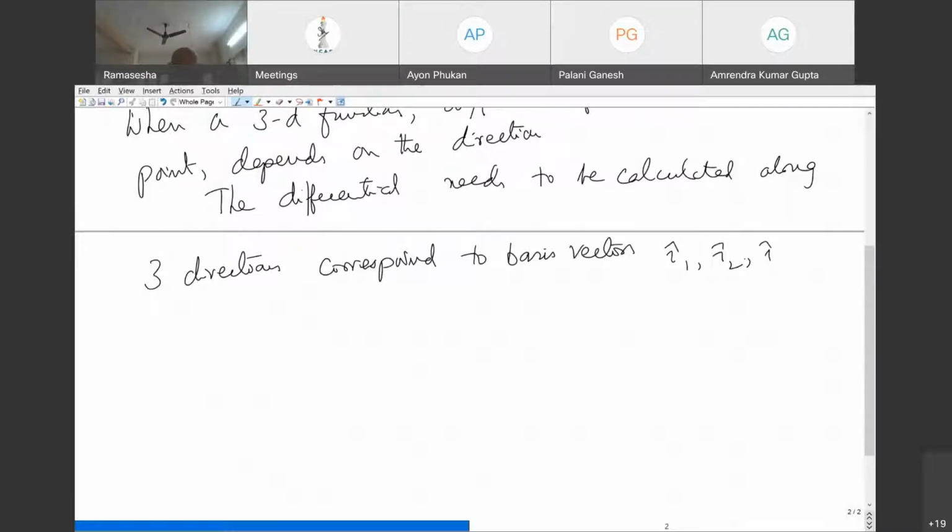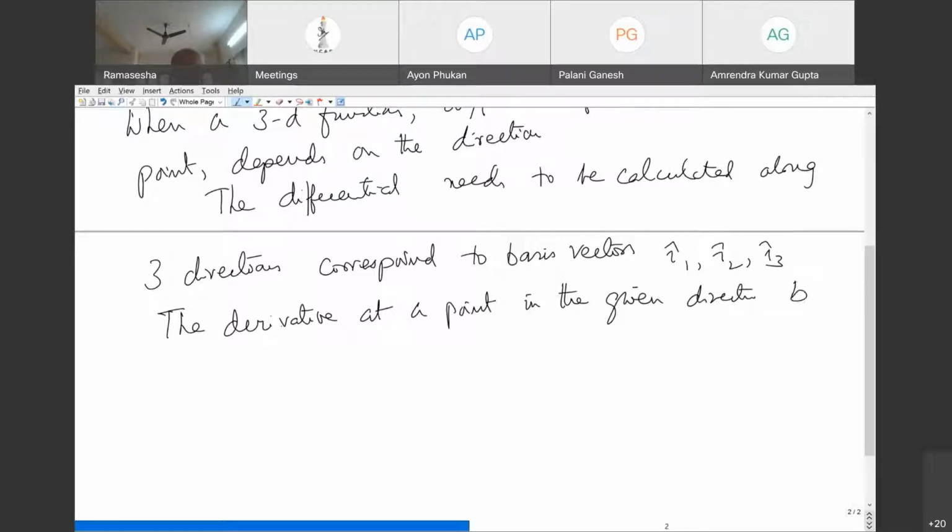So in these three directions, you calculate the differential of a given function. Then the derivative at a point in a given direction B is given by grad f dot B, where B is a unit vector in the given direction.